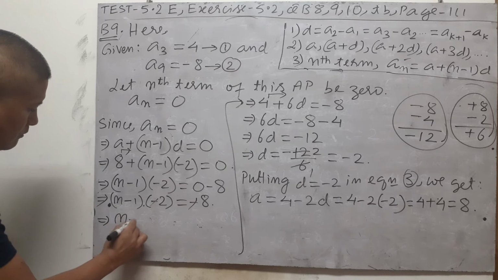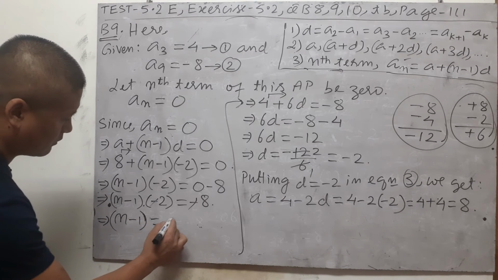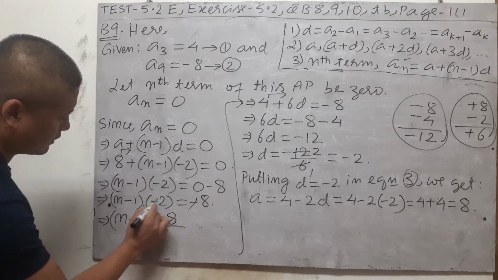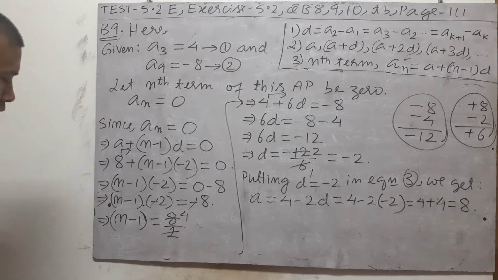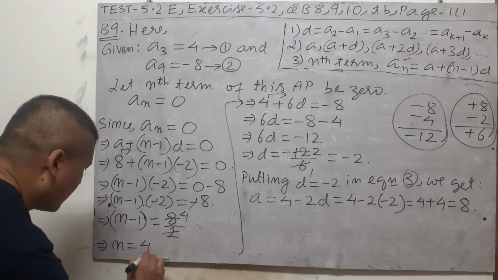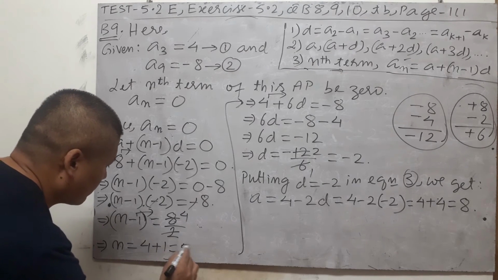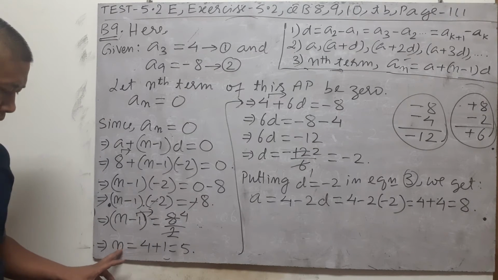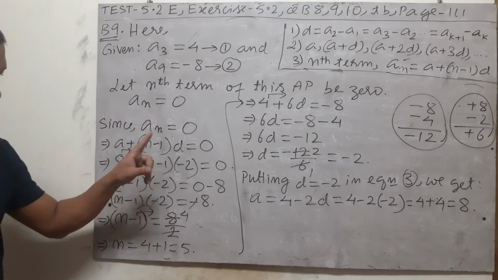So n minus 1 will be equal to 8 divided by 2, 2 goes to the denominator, 2 fours are 8. So that implies n will be equal to 4, shift this minus 1 to the right side, it becomes plus 1, which is equal to 5. So when n is 5, the fifth term is 0.